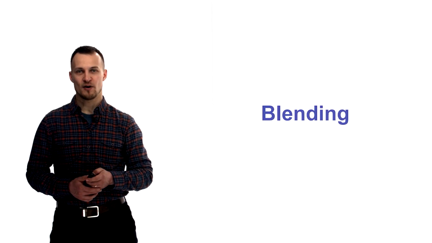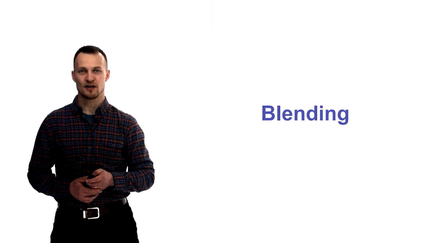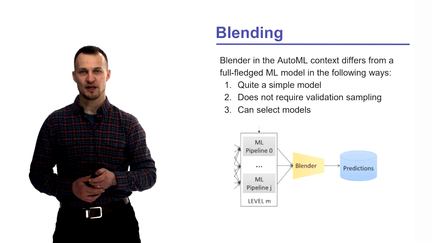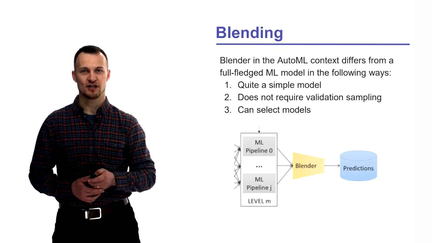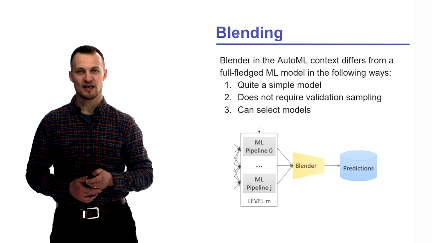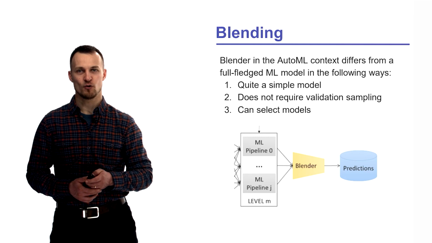So, we talked about the reader. And the last element of the preset that I would like to highlight today is blending. In our scheme, it stands apart from machine learning algorithms, but in fact, it is a mini model. The main difference is that the Blender is always very simple, so we don't need a validation sample to evaluate its quality.